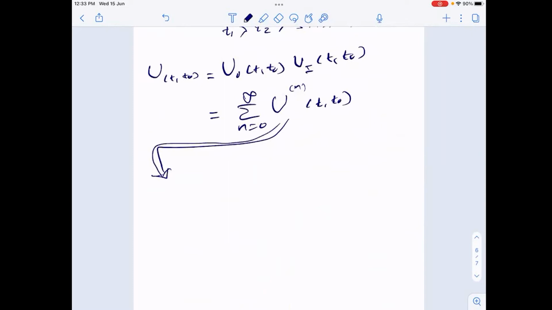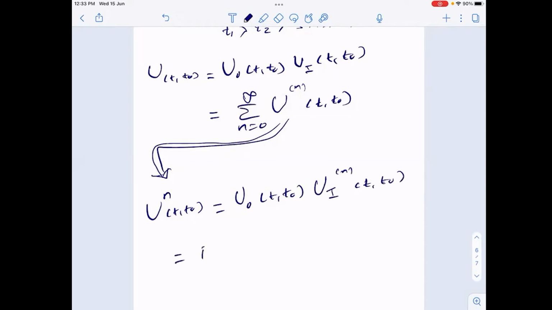Fine. So this Un(T,T0), you may see that I'm repeating again, but I think it is required to have a better understanding of the operator U(T,T0) and UI(T,T0), right?